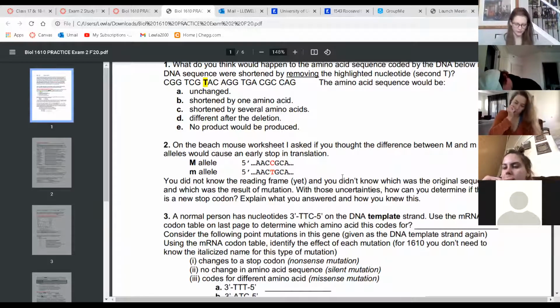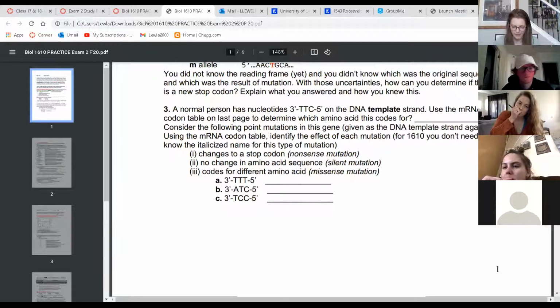All right, and then for number three, I think I did this wrong because I didn't look at the 3' and 5'. For the blank that's in the question, I put AAG, which codes for LYS, but I think I have to switch it.